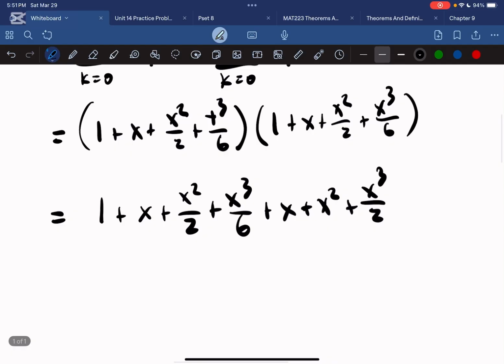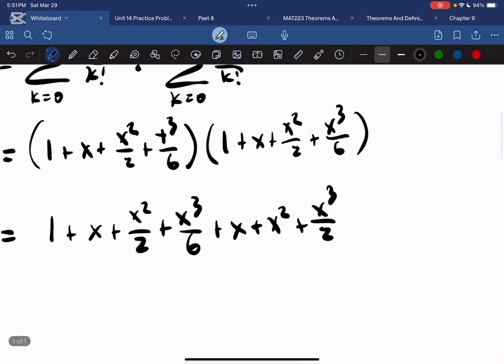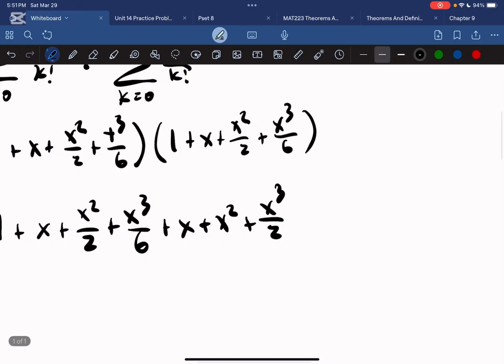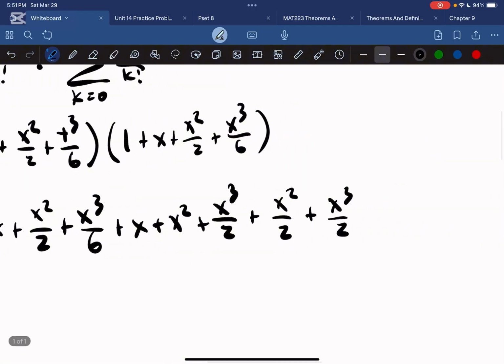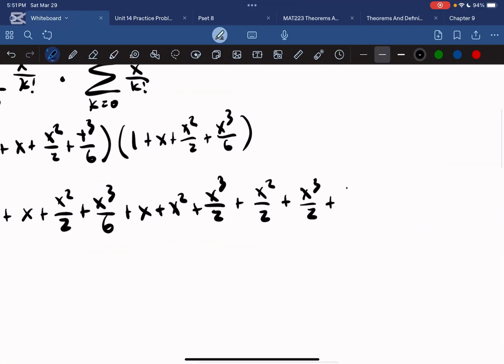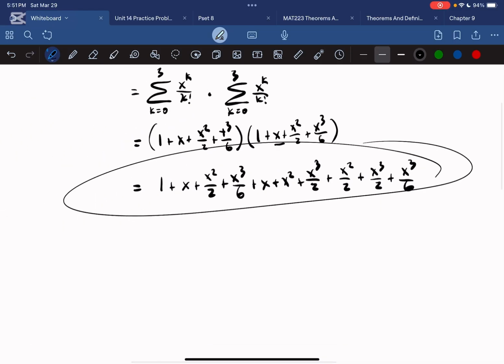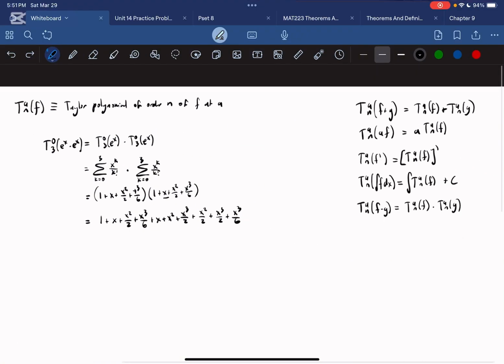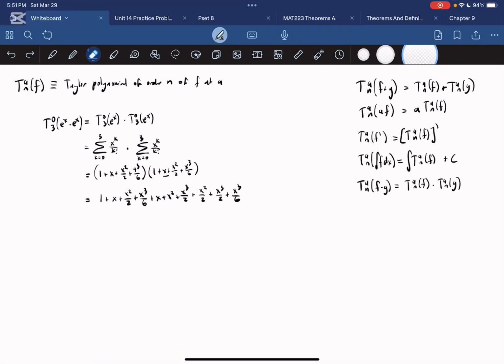But notice if we were to multiply the next one, we would end up discarding it anyway because we can't assume it's accurate up to order 4, so we don't even have to do that calculation. Same with the next term, plus x squared over 2 plus x cubed over 2. We don't have to keep going. And for the last term, we can just add the single one, because as soon as we go to the next one, it'll be inaccurate. Then we simplify this and get our answer. That's what I mean by going up to the highest order.